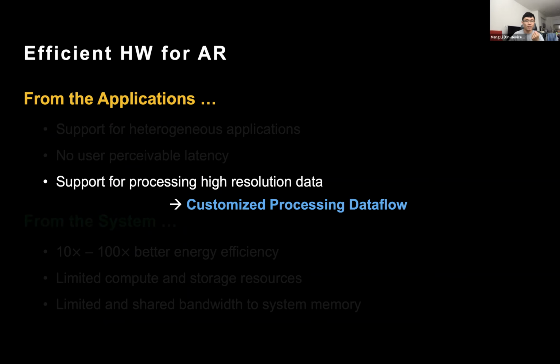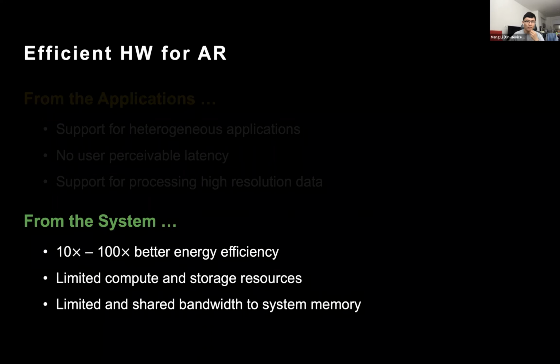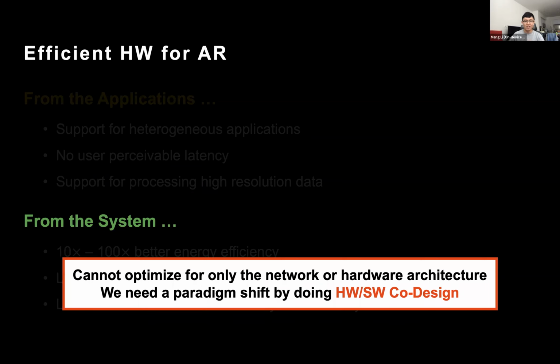For high resolution input data, we can customize the processing dataflow, like the tiling and the ordering of the operators for this customized accelerator. And from the system level, when faced with requirements on limited compute, storage, and bandwidth, and higher energy efficiency, we believe just doing network or hardware architecture optimization separately is not sufficient. We need a paradigm shift by doing hardware and software co-design.